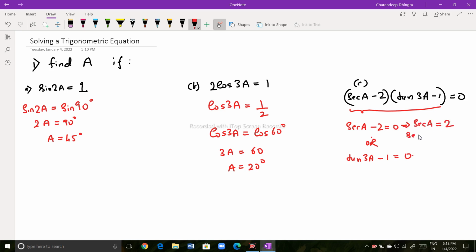Now when does sec give 2? Sec is the reciprocal of cos, so we'll say sec of 60 degrees. So a is 60 degrees. Similarly, tan 3a is equal to 1, which is in fact equal to tan of 45. So 3a is equal to 45. So a is equal to 15.